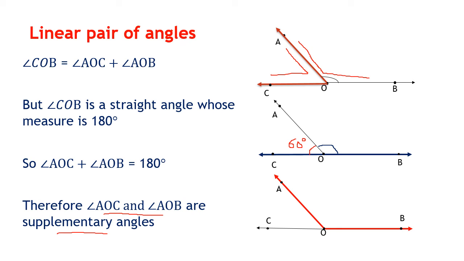So how will you find it? The straight line is 180, this is 60. So 180 minus 60 will give you how much? 120. So if you are given a linear pair and one angle is given, you can definitely find the second angle. Okay, so these are linear pair of angles.